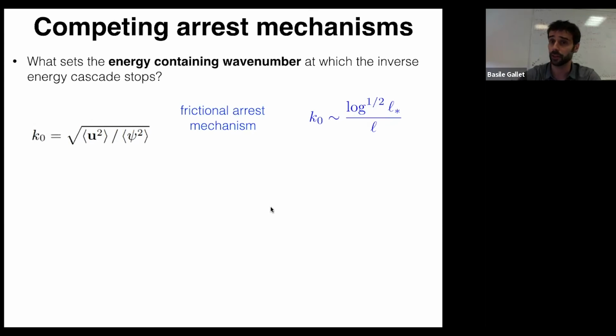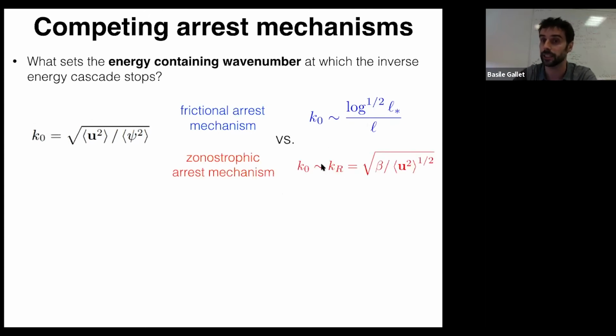But now, as I've told you, if beta is large, then instead of this frictional arrest mechanism, what the flow is going to do is channel the energy into zonal jets that are separated by this Rhines scale. And if that's the case, then the energy containing wave number in the system should be the Rhines scale, which is root of beta divided by the root mean square velocity. So here is what happens.